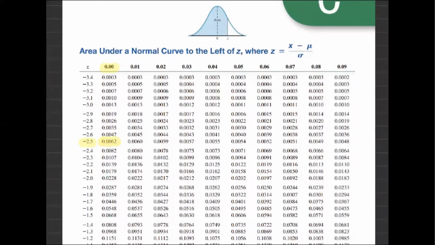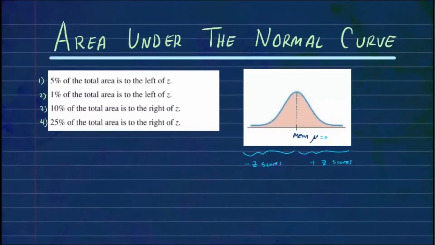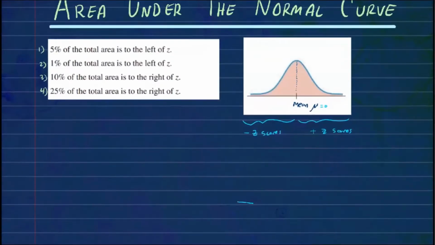What that means is that on the normal curve, your area is 0.0062 to the left. For particular z-scores, I'm just going to draw that right here. So negative 2.5, let's say it's right here. When z is negative 2.50, the area we just read is to the left of that z-score.